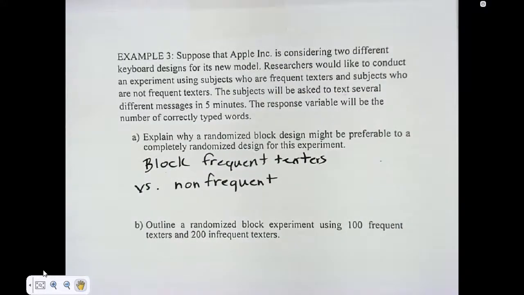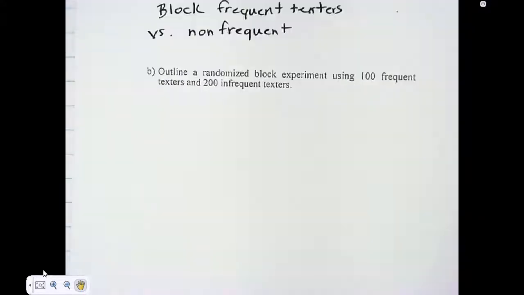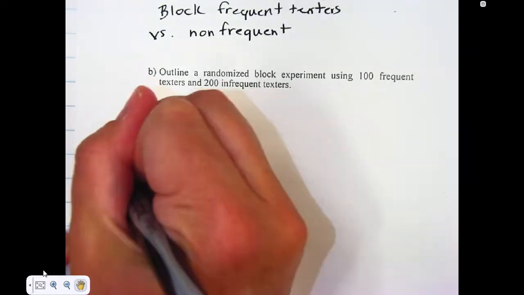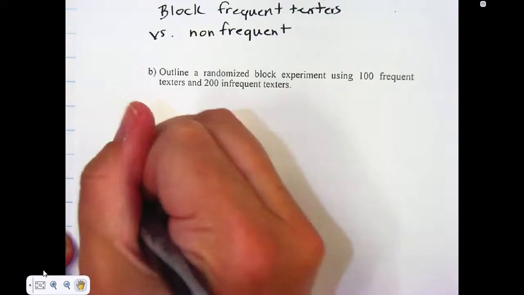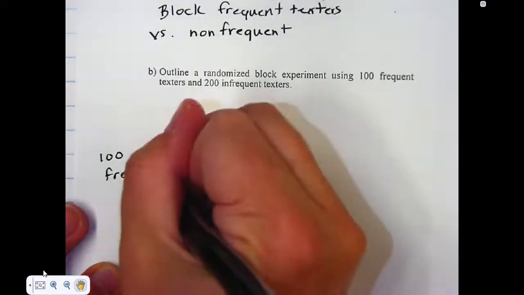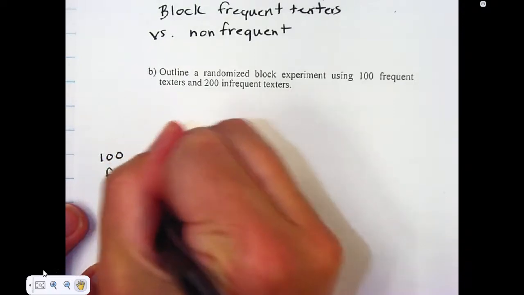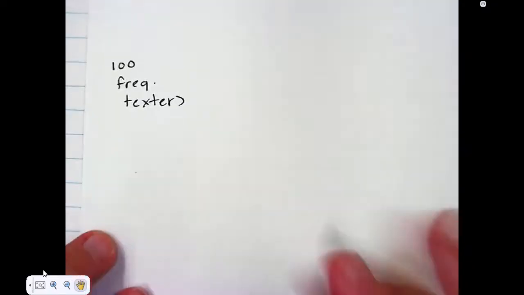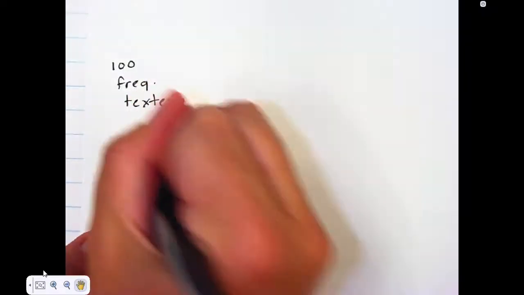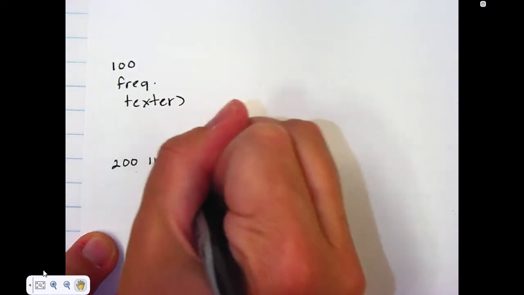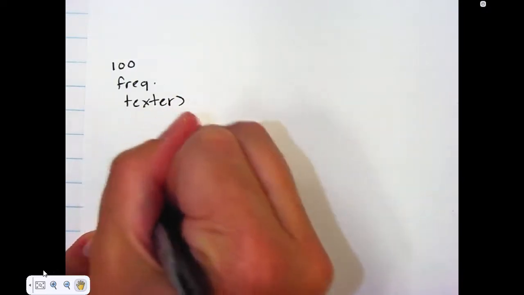Okay, so now we're going to go ahead and we're going to make this design. So I'm going to have 2 groups. Okay, so I'm going to block, I'm going to have 100 frequent texters and then I'm going to have 200 infrequent texters.